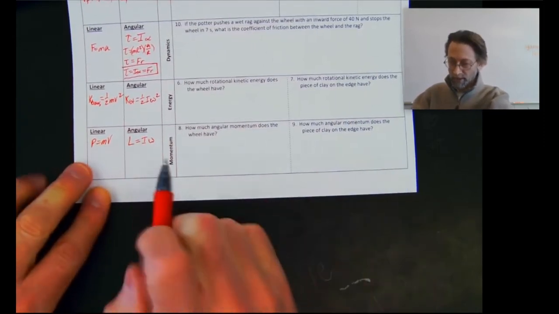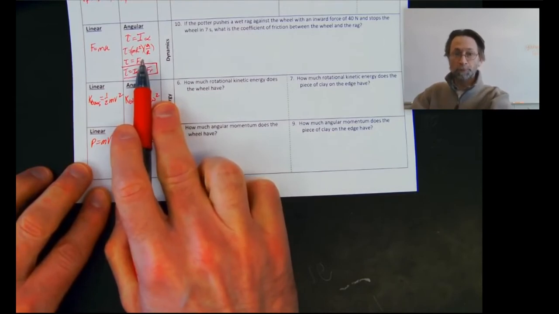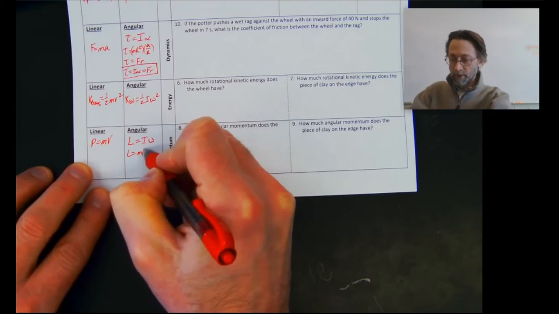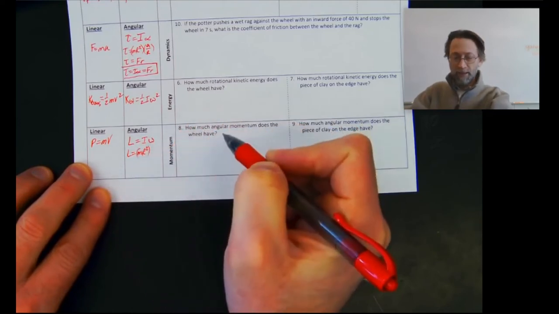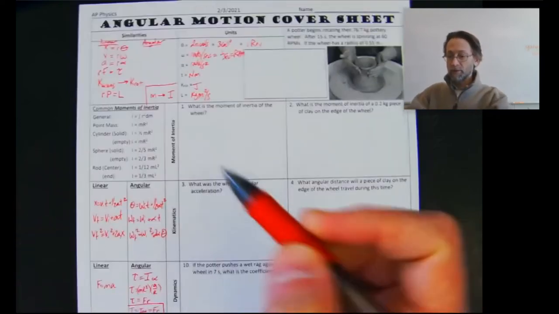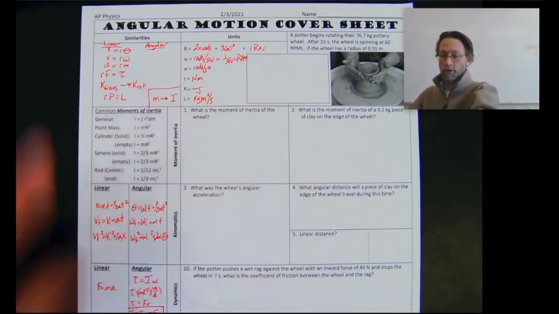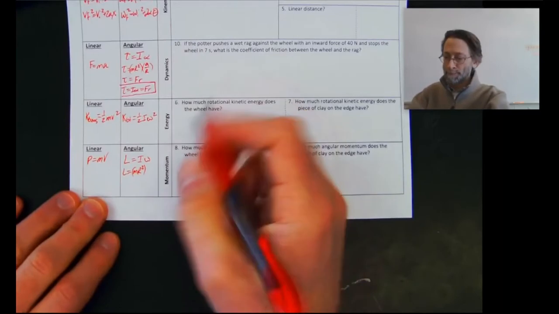Now, we can do the same thing that we did up here with torque, where we plug some values in. So let's say I equals mr squared. And my omega value, if I think back to what I had up here, is going to be v over r.